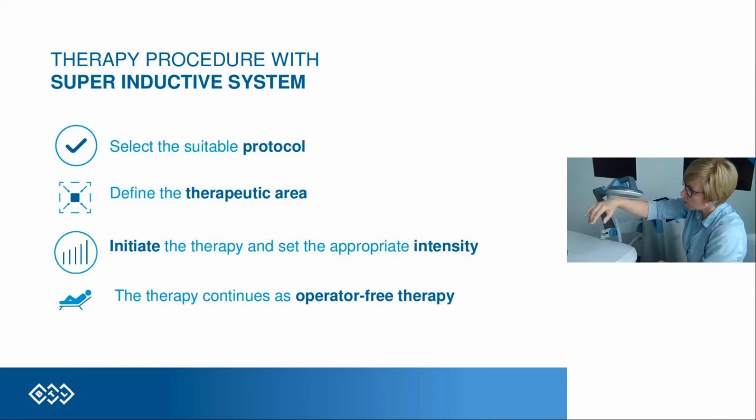But still, even if we have a small gap, we can create the stimulation of the nerve, of the muscle. So the tissue still reacts, and we can still work with the patient if it's impossible to do this directly on the skin.